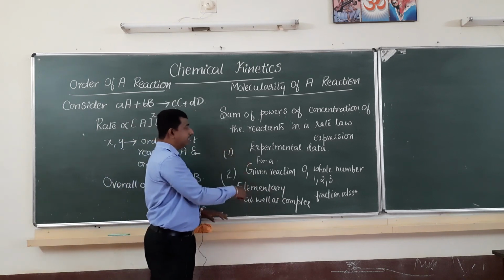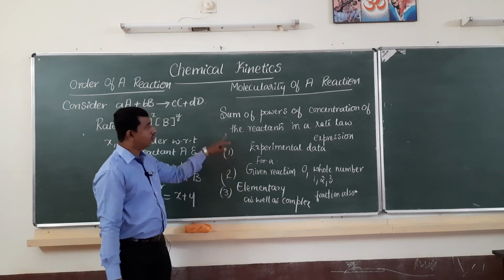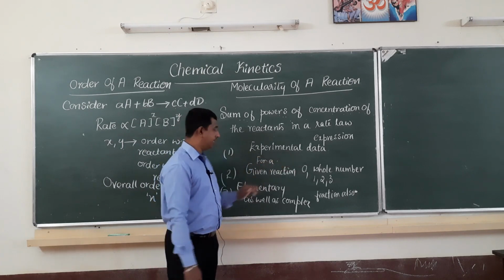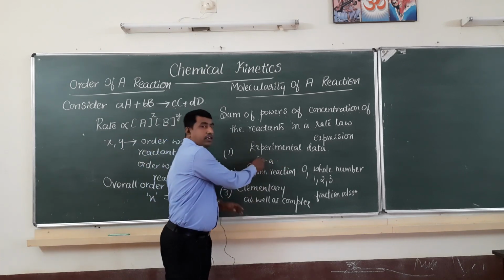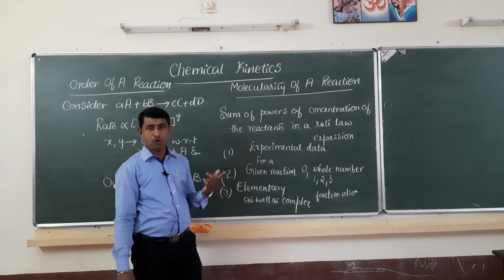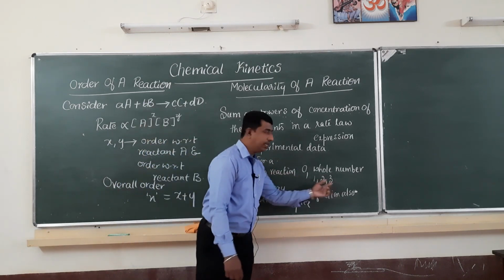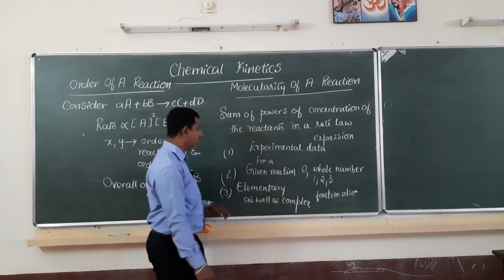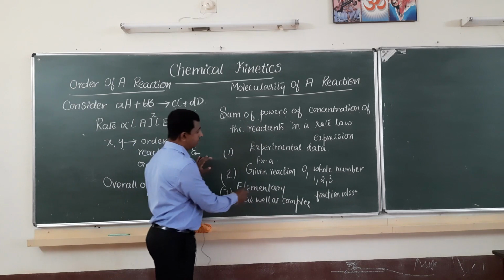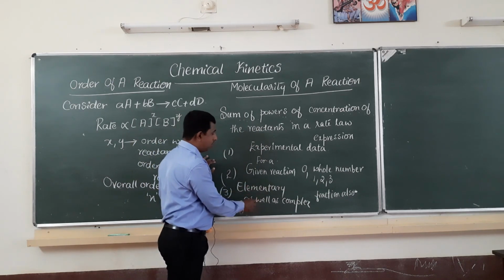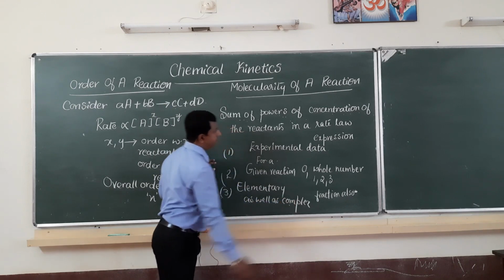So three different things I told you. First one, order is always obtained from what? From the experimental data. Second one, order for a given reaction can be either 0 or whole numbers like 1, 2, 3, or even a fraction also. Third one, order is applicable for elementary reactions as well as complex reactions.